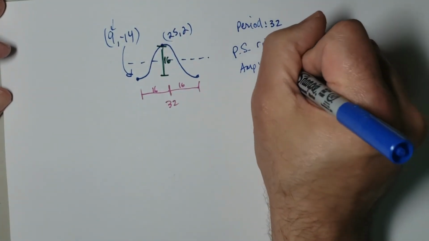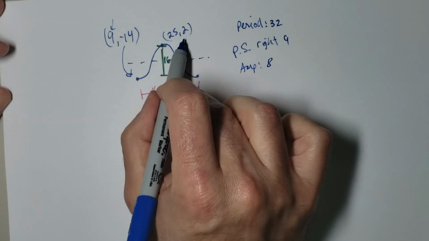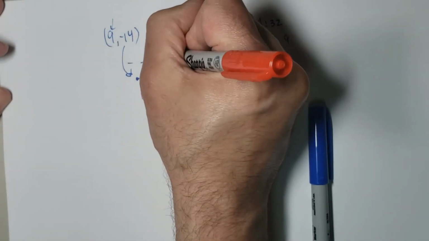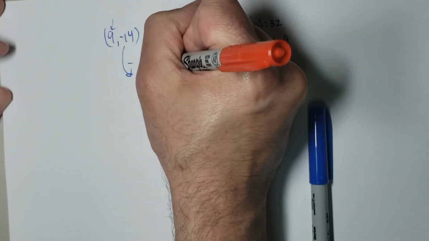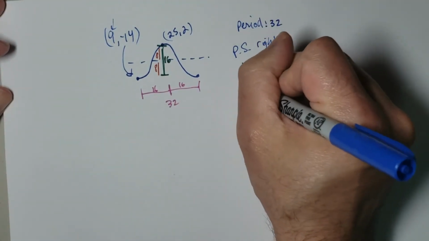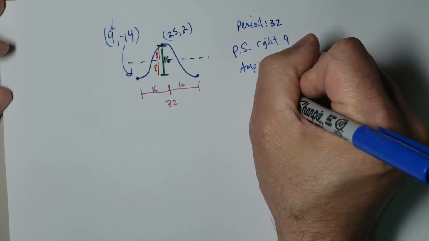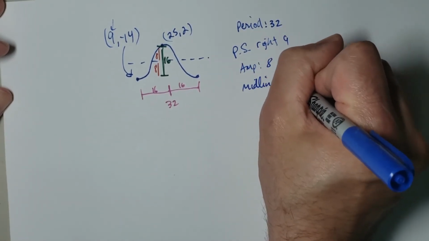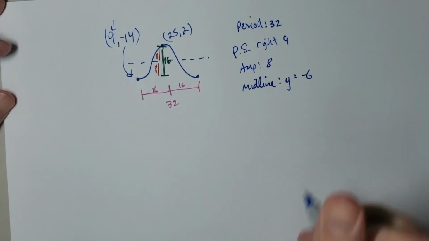So the amplitude is 8. And then if I go down 8 from 2, or up 8 from negative 14, that's going to tell me the midline is y equals negative 6.